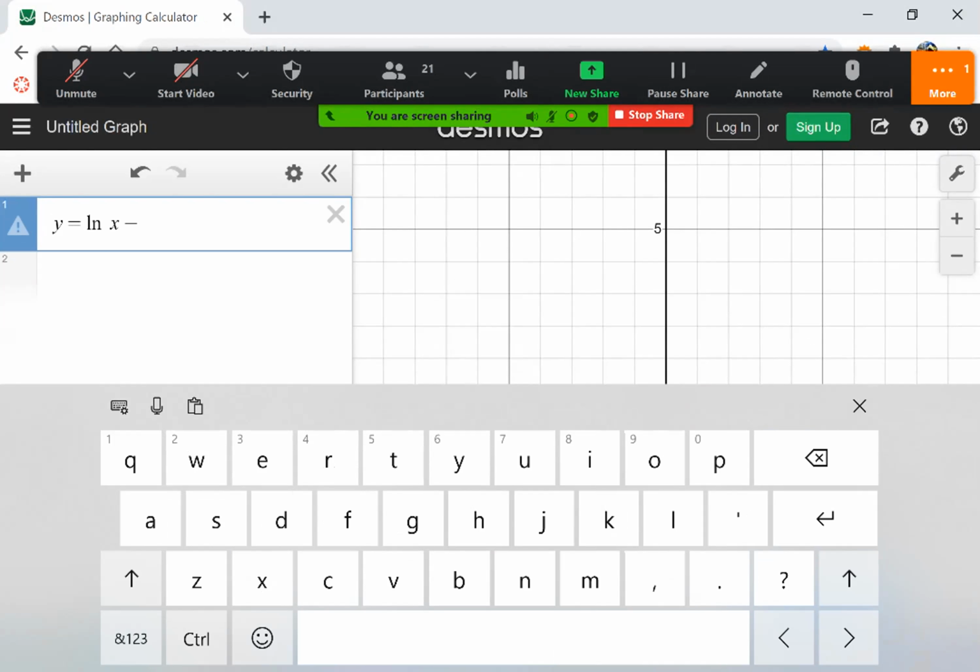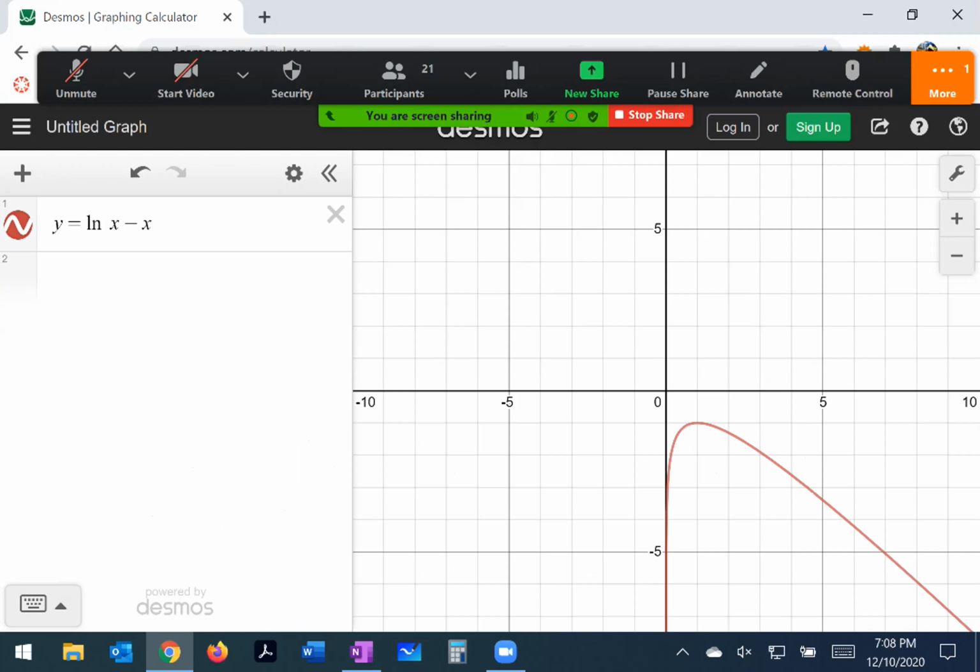Well, what happens? We have a maximum at (1, -1). It was increasing up until we got to 1, and then it goes decreasing. So it is a maximum. Nice. Works.